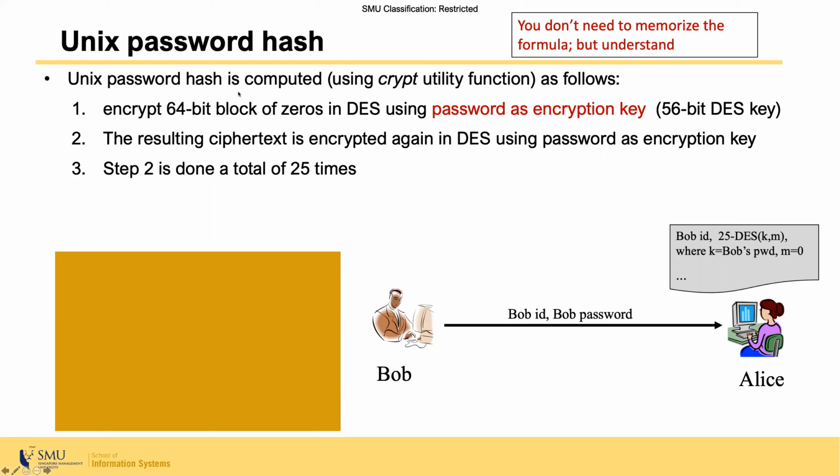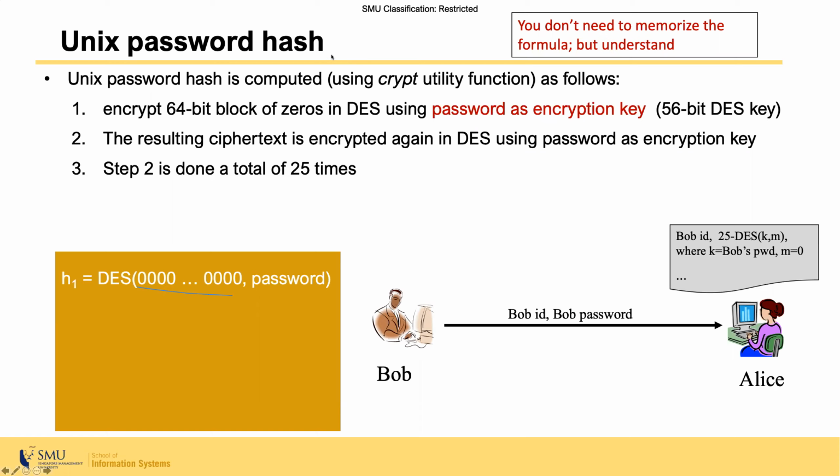The Unix password hash is computed by using a crypt utility function that comes with the operating system, as follows. Firstly, it will encrypt 64 bits of zeros in DES using your password as an encryption key.